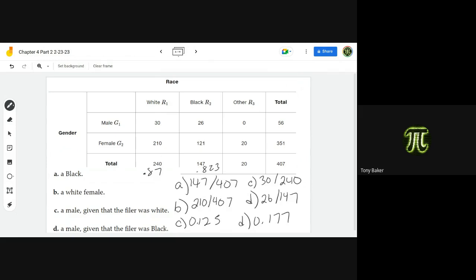If you did the 30 out of the 407, and 26 out of 407, you'd say, okay, well, white men are getting more protective orders than Black men. If you looked at it in comparison to how many of those were granted in that race, you'll notice that it's not. They're granted at about the same rate. So that's where the probabilities and the conditional probabilities can help you see what's going on.